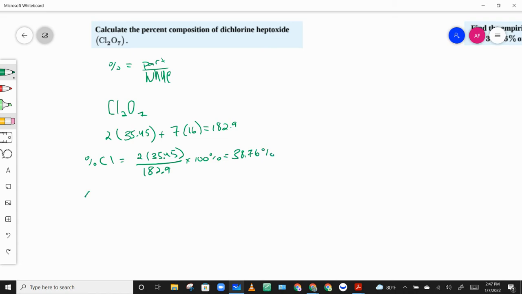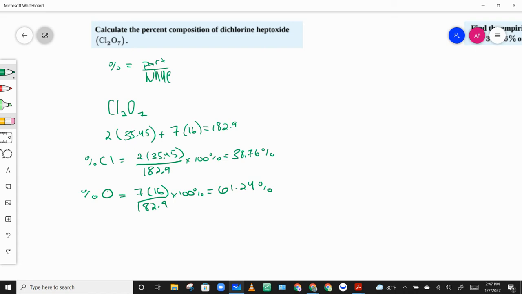Then for the percent of oxygen, it's 7 oxygens, each is 16, divided by the whole thing, 182.9, times 100%, and we get 61.24%. Okay, so oxygen is 61.24%, chlorine is 38.7%.